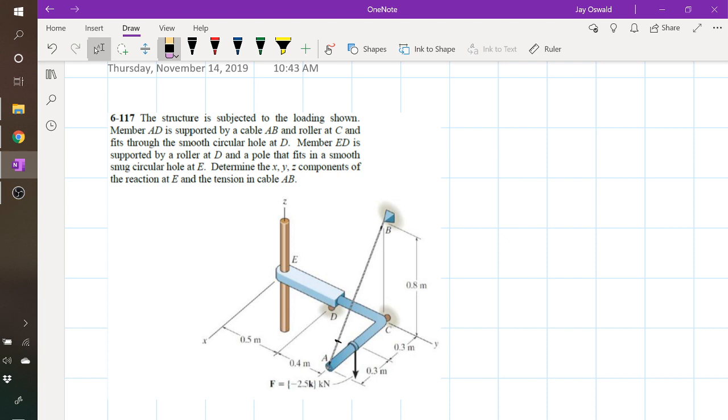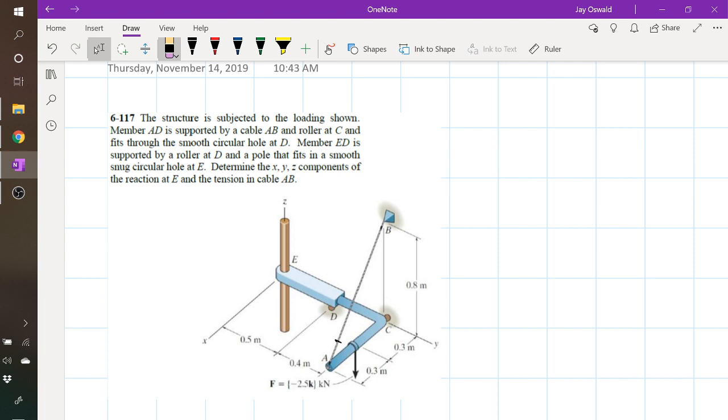You could look at it and try to count reactions in your head, looking for shortcuts. You can think of it as being two bodies. The rod is completely fixed, so that one you don't consider. The two bodies you're going to look at are ED and DCA.